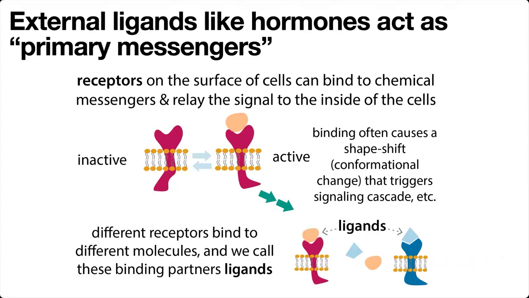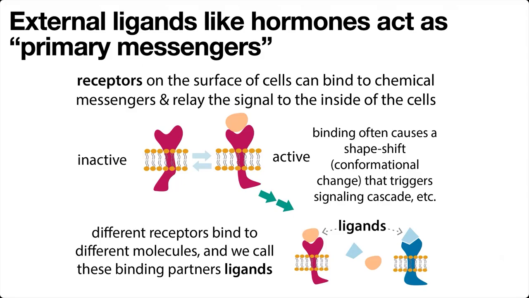The external ligands are like hormones, they're going to act as primary messengers. So glucagon and epinephrine and insulin, these are all primary messengers. They're not going actually into the cells. They're just binding to the ectodomains, the outer portions of the proteins that are embedded in the membrane, the receptor proteins, causing those proteins to change shape. So remember, that's called a conformational change.